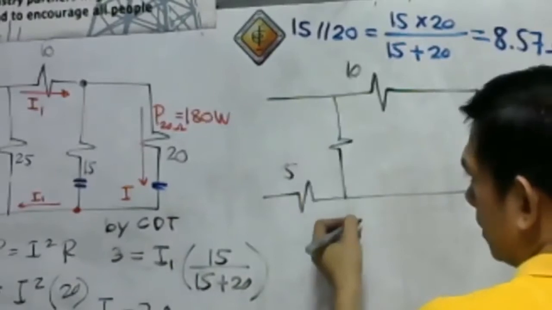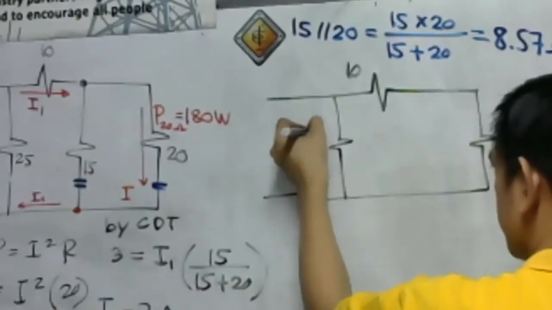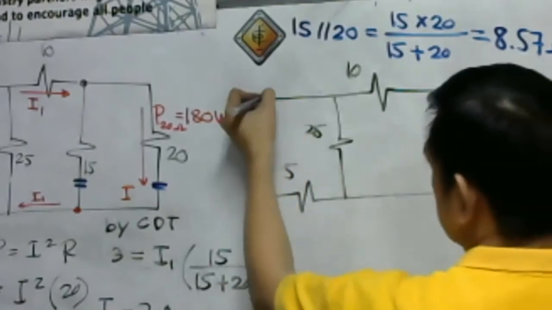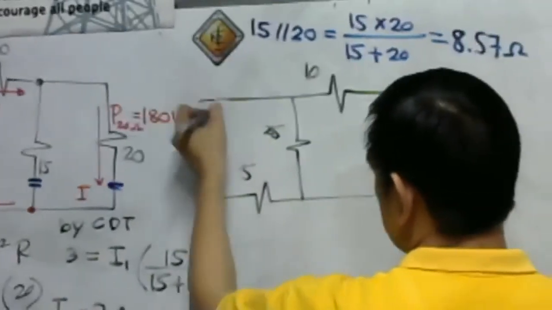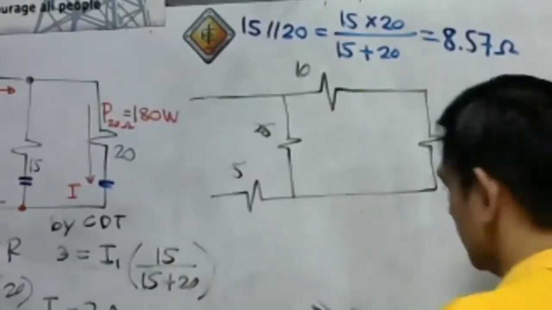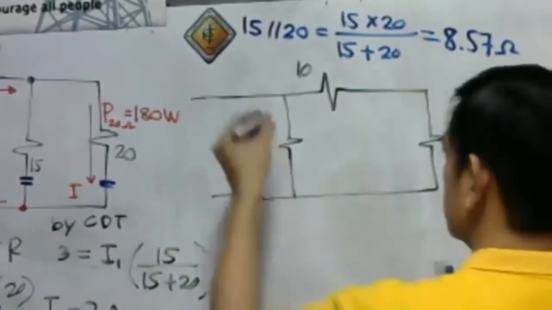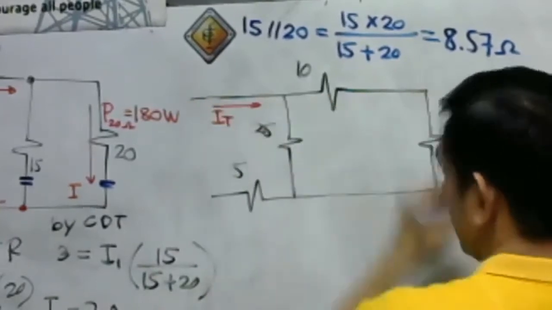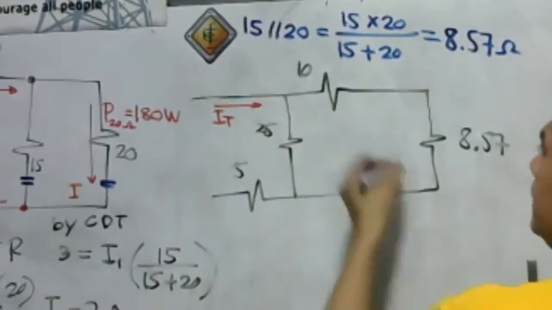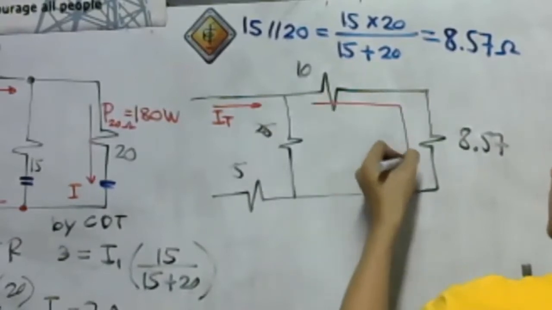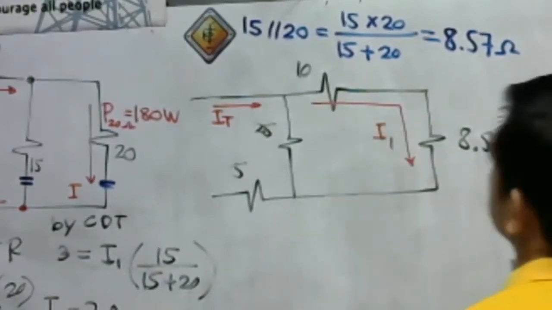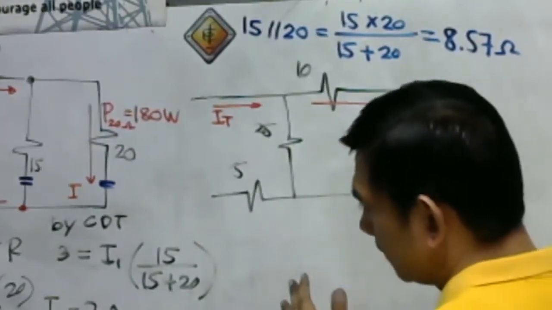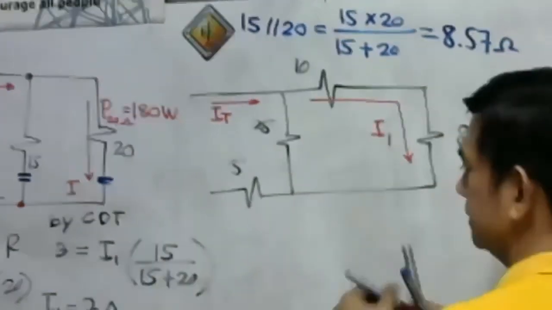And we have here our 25. Okay. That's it. So we have here our total current. And take note, we have here our I1. We already have the value for our I1. Do we have that? Yes, that is 7 amperes.